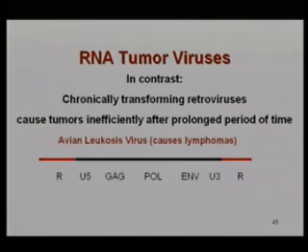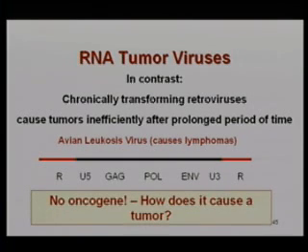And yet we've said in the case of RSV that it needs to have that extra Src gene in order to cause a tumor, and it does it very rapidly. But these appear to be able to cause tumors. They don't have an oncogene. There's nothing here that differentiates this from a non-tumor causing retrovirus. So how do they cause tumors? No oncogene.